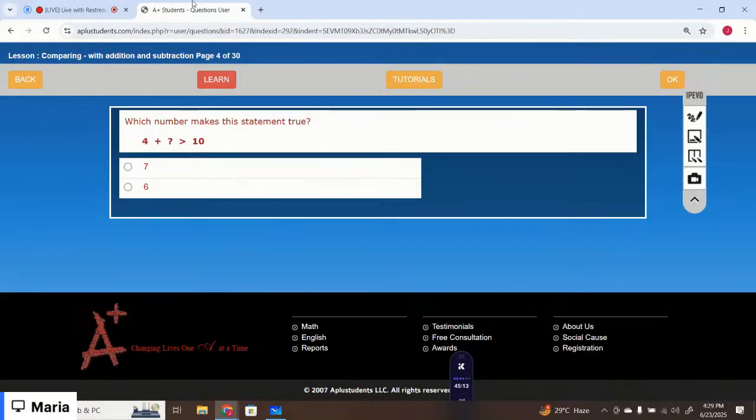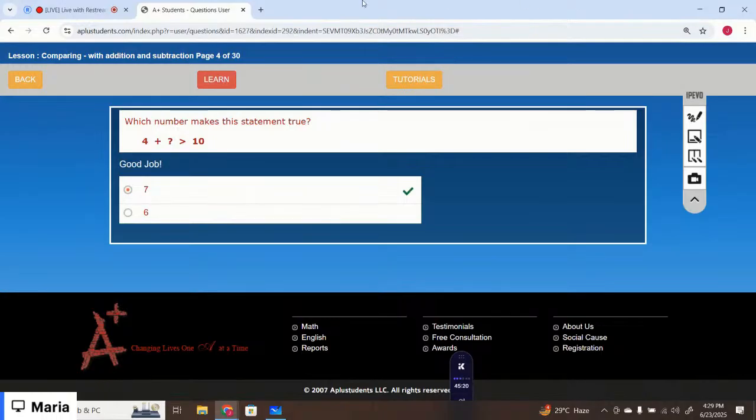That is 4 plus 7 is 11, and 11 is greater than 10. Option number 1 is the correct option.